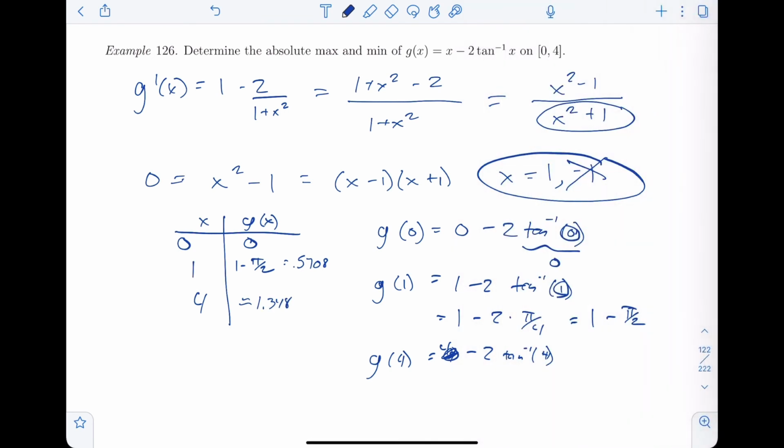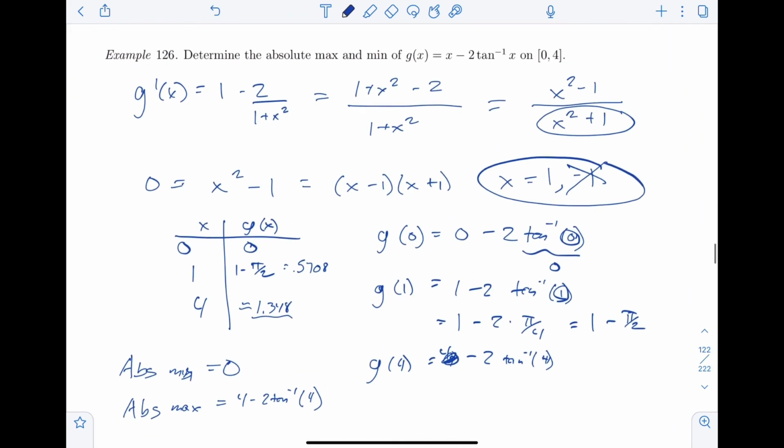We'll call it. Okay, so what I know is that the absolute min is 0, and absolute max is 4 minus 2 arctan of 4, which is about 1.348.